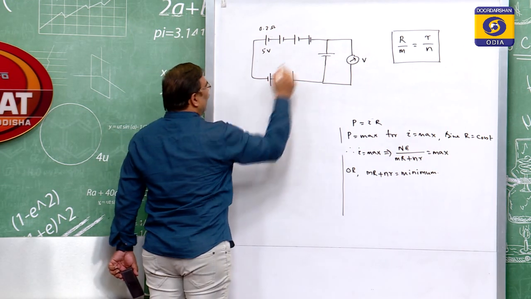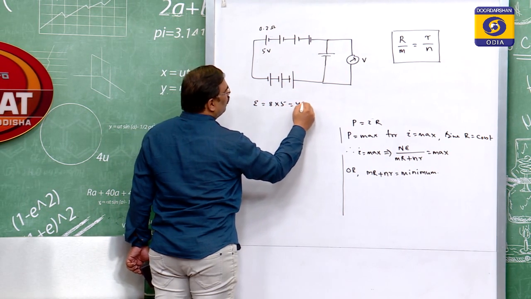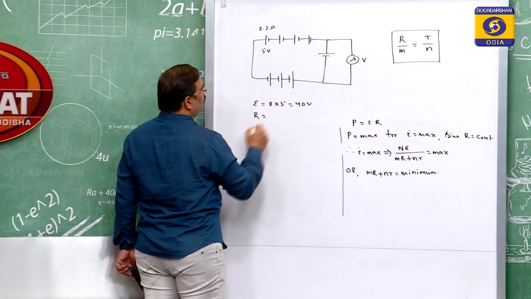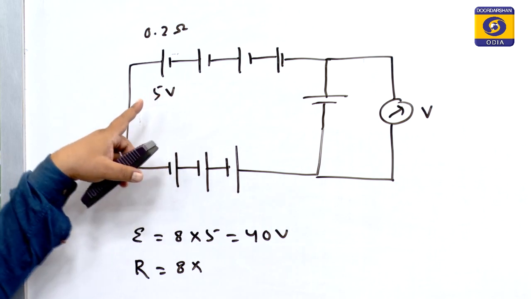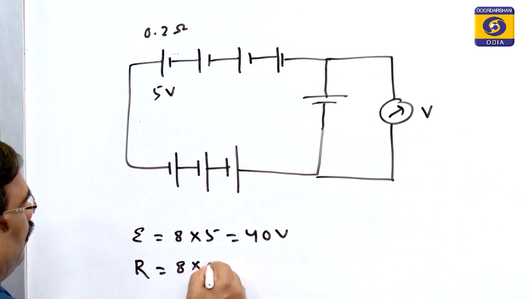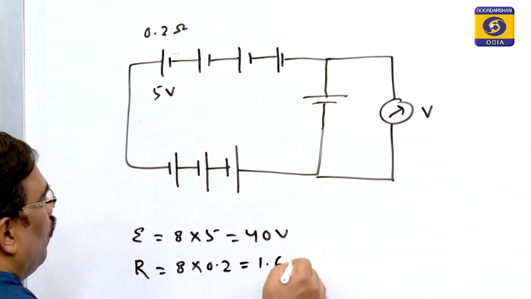Now, there are 8 cells connected in series, so the EMF of the network will be 8 into 5 equal to 40 volt, obviously, and the resistance will be 8 into 0.2 ohm, that will give you 1.6 ohm.